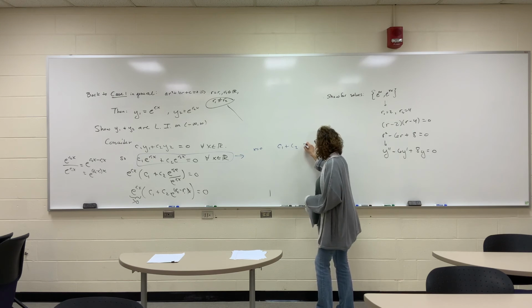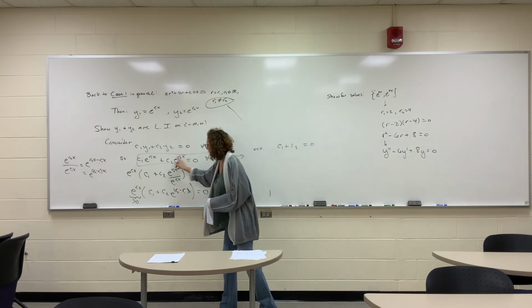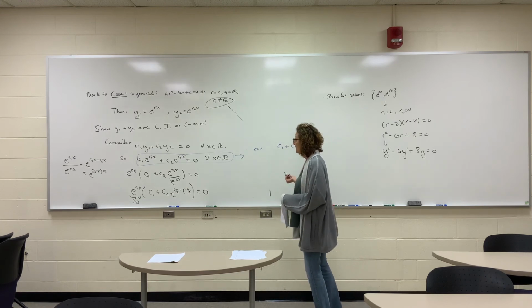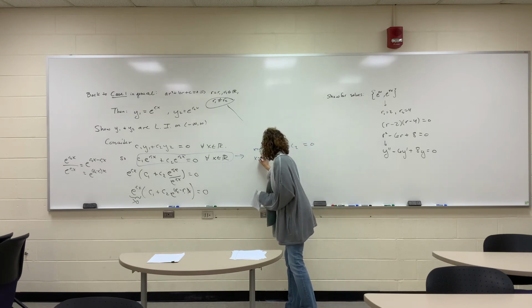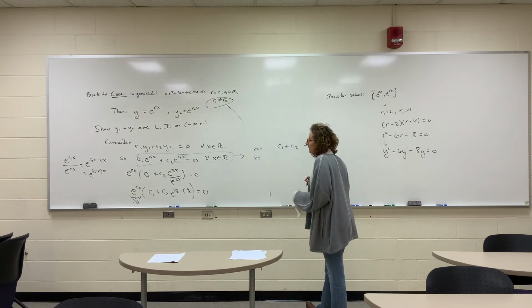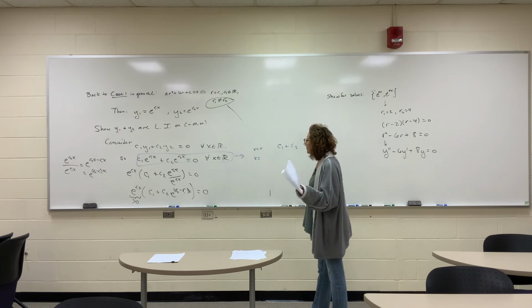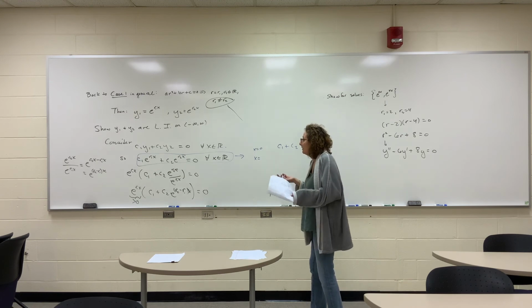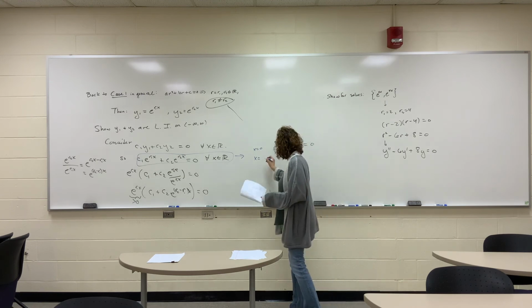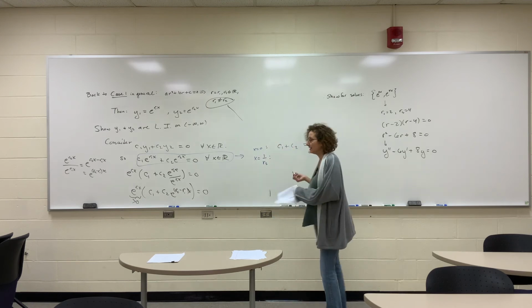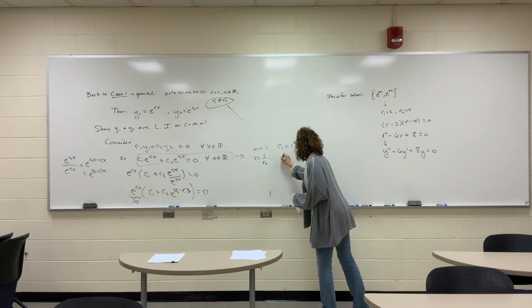When x is 0, that gives us a relationship between C1 and C2. C1 plus C2 has to be 0, because if x is 0, I get 1, from e to the 0, right? Okay? And then maybe we can do it when x is some other value, like 1 over r2. Doesn't matter. Make something up. So what would I get?